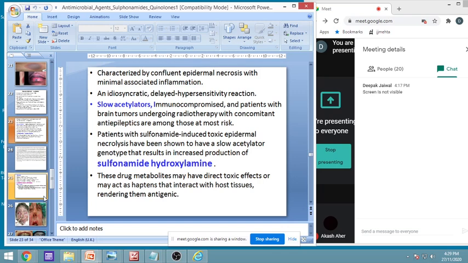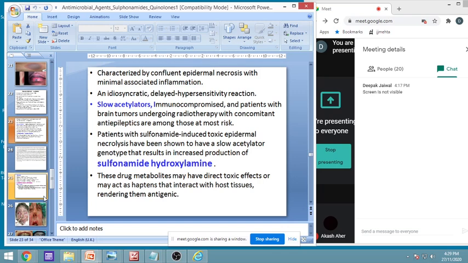So if persons are genetically slow acetylators, they will have more sulfonamide in the body for a long period of time, and they are more prone to this hypersensitivity reaction, because it is not sensitivity towards the metabolite, but towards the sulfonamide itself.